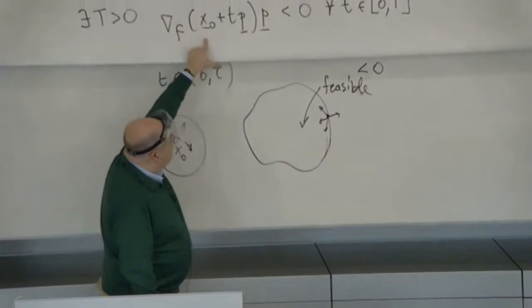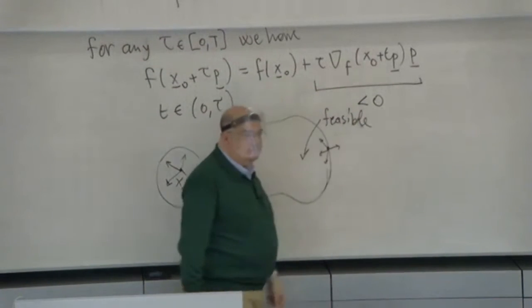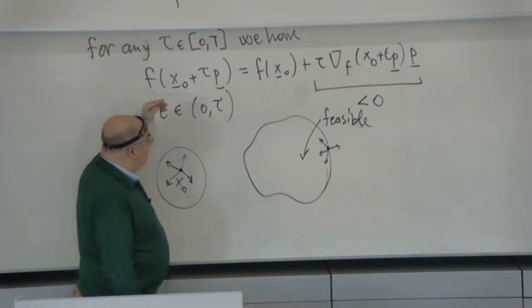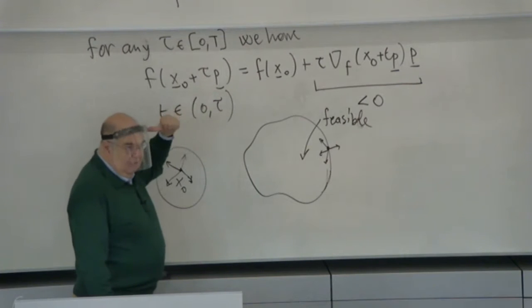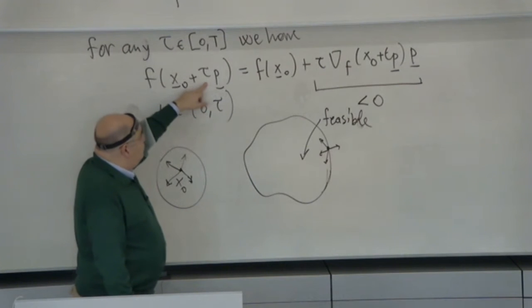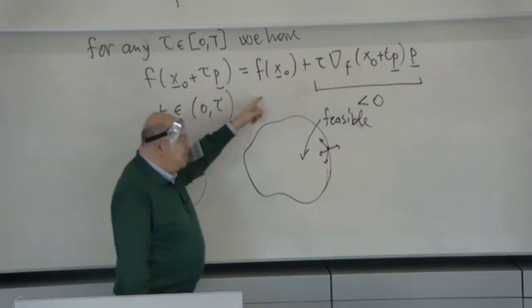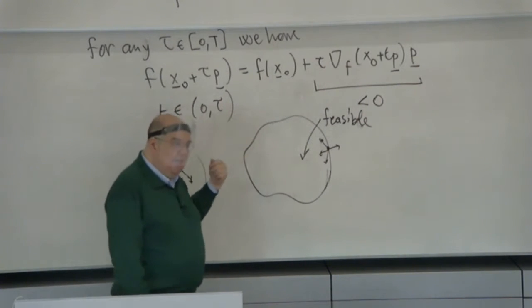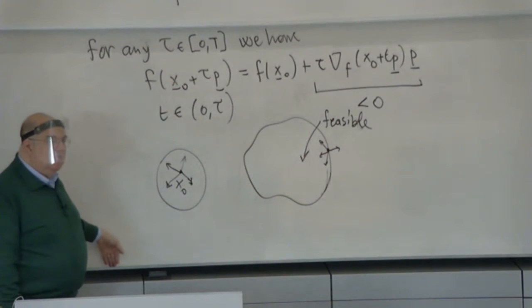By exploiting this, we get that this is negative. So we prove that if you move along the direction p, which is opposite to the gradient, we get values that are less than the value at x0, and this contradicts the original hypothesis that x0 is a minimizer. Yes, please.